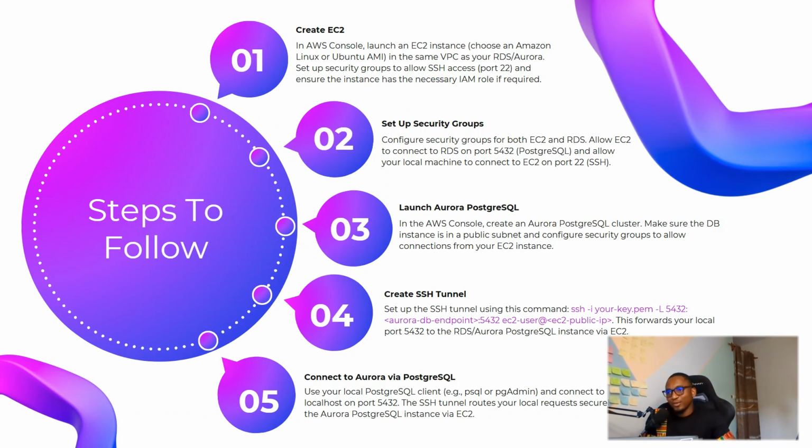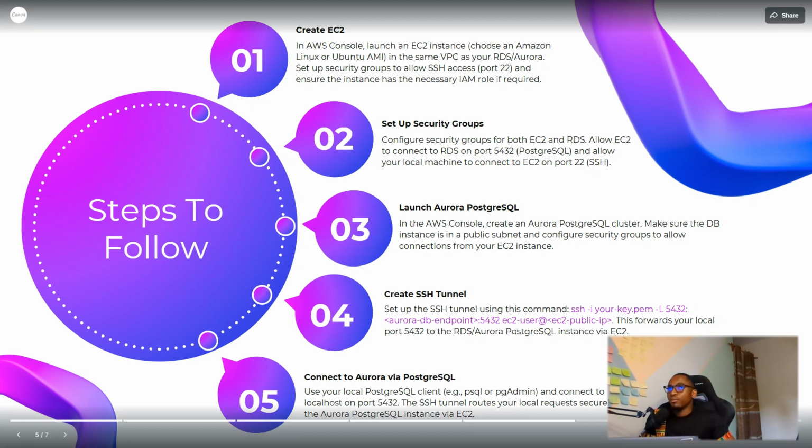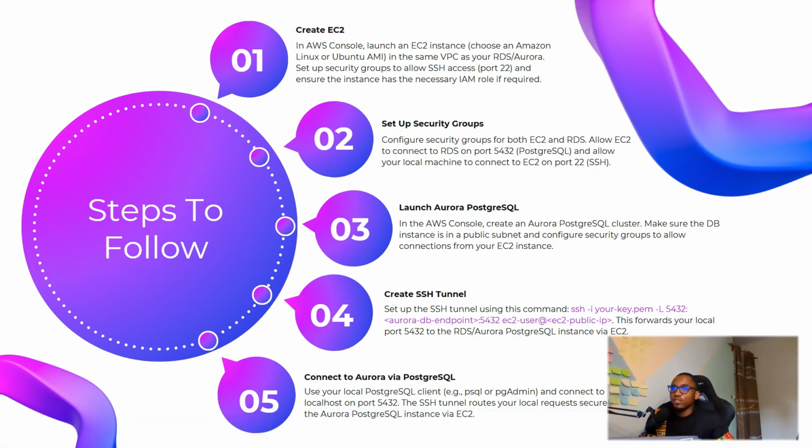Here are the 5 steps that you can go through to perform that connection: create the EC2 instance, set up the security group, launch the Postgres, create the SSH tunneling, and connect to the Postgres. We'll connect to the Postgres using pgAdmin as well as our terminal.